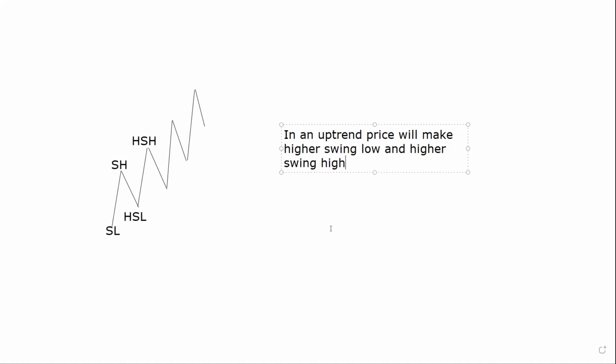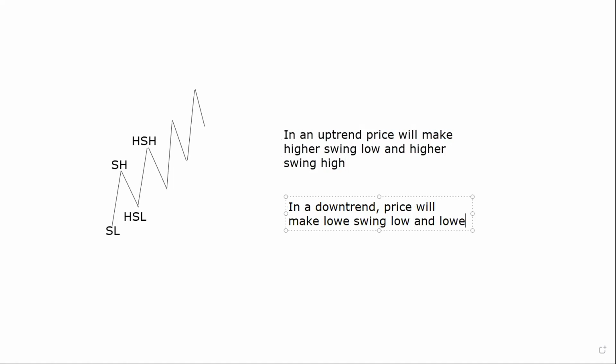Okay, very easy. Similarly, in a downtrend, I think I told you before as well, price will make lower swing low and lower swing high. If it's a downtrend, you can see like this.